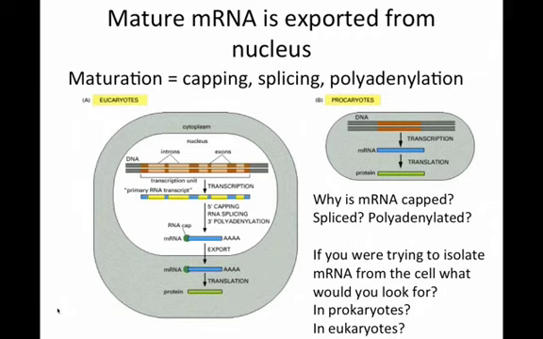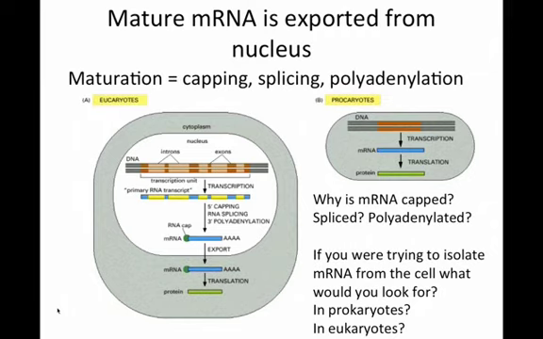Right. So if you're trying to isolate mRNA from the cell, what would you look for? So you're a biotech company. You are each your own biotech company. And you need to develop a technology to isolate mRNA only from eukaryotic cells.